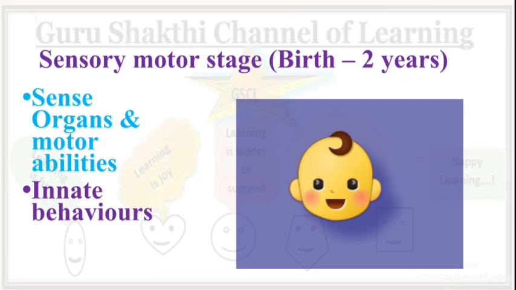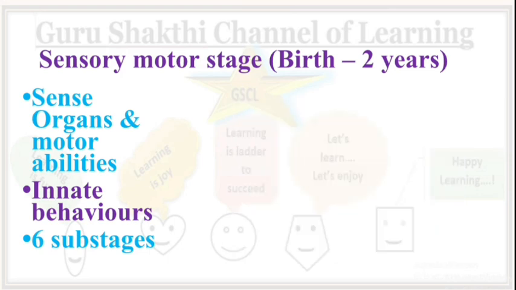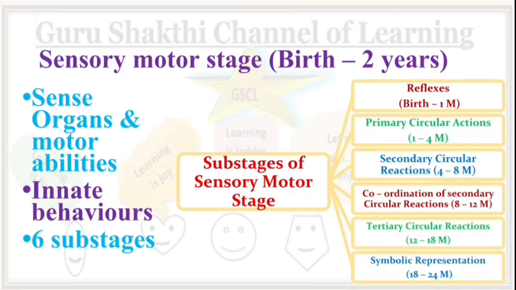There are totally 6 substages of the sensory motor stage. Reflexes, primary circular actions, secondary circular reactions, coordination of secondary circular reactions, tertiary circular reactions, and symbolic representation.